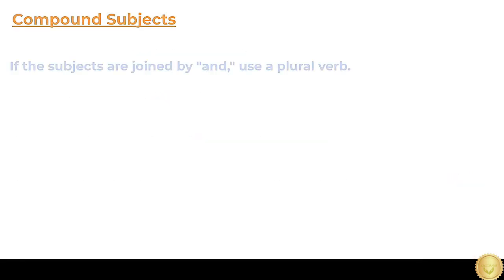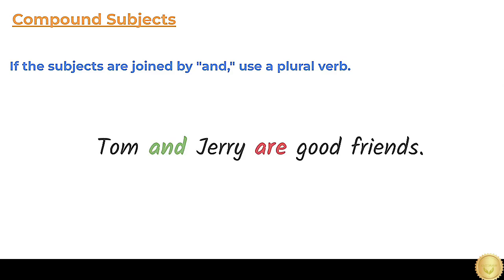Okay, so compound subjects then. If there's more than one and the subjects are joined by an and, what do we do? Well, we can use a plural verb. For example, Tom and Jerry, that's a compound subject, are good friends. So we treat them as more than one.